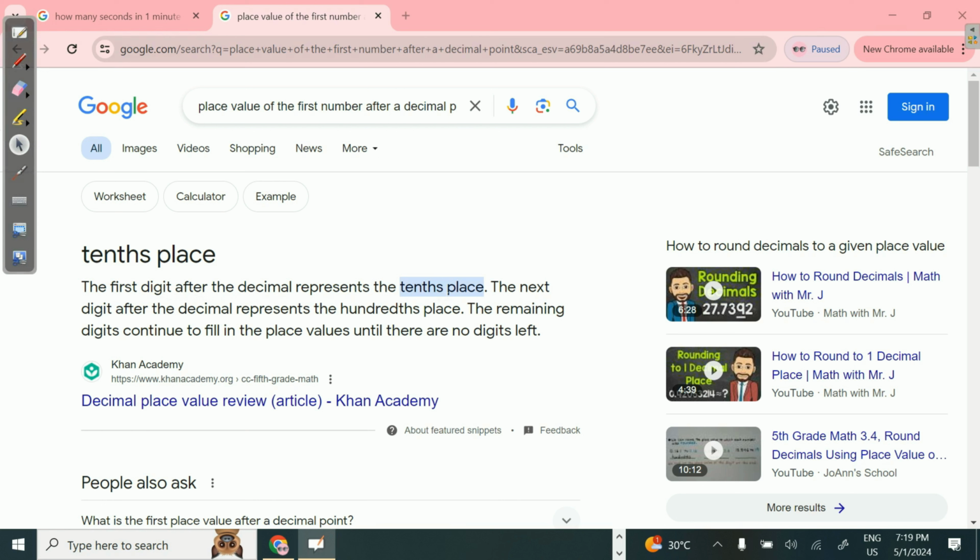Since the tenth place is represented by the first digit following the decimal, we must remember that 6 is a tenth.